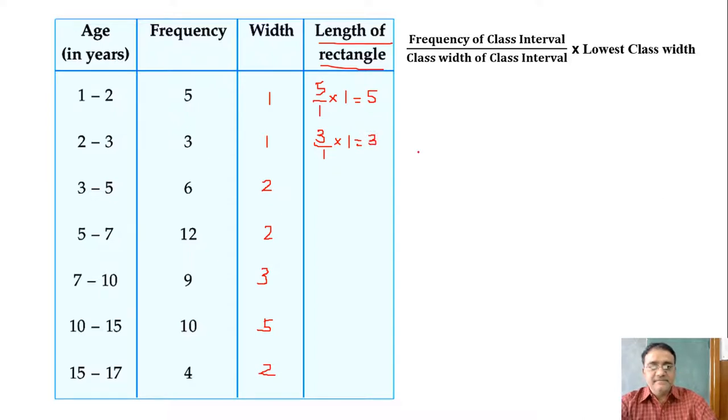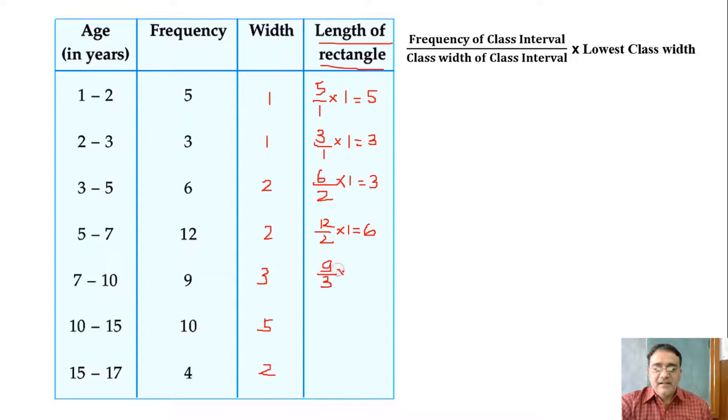Second one, 6 by 2 into 1, that is 3. Then 12 by 2 into 1, that is 6. 9 by 3 into 1.